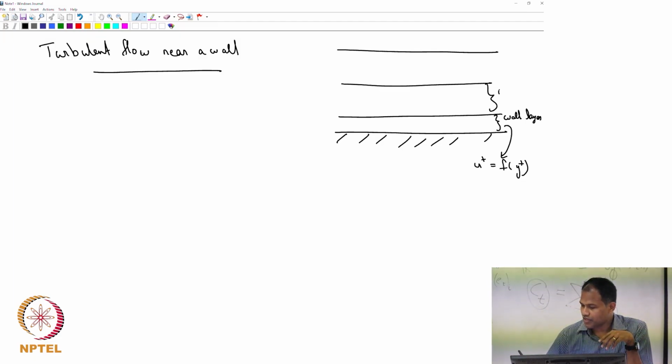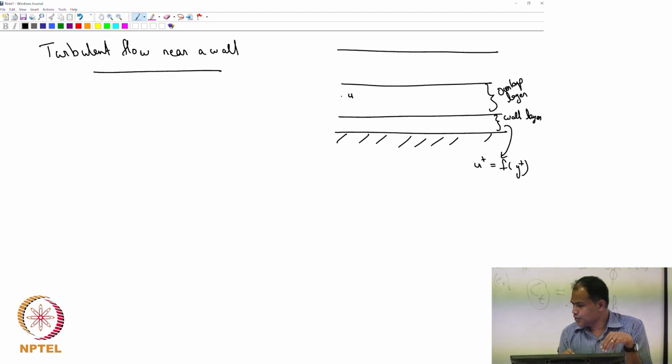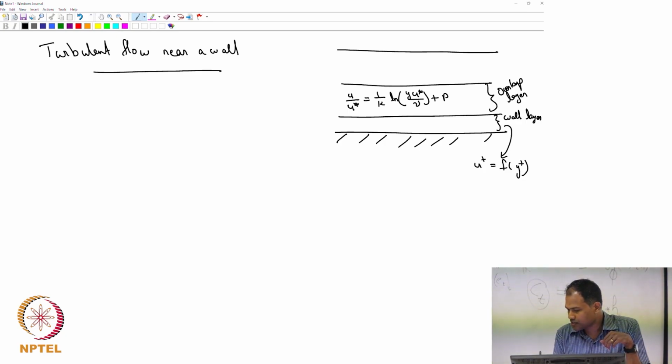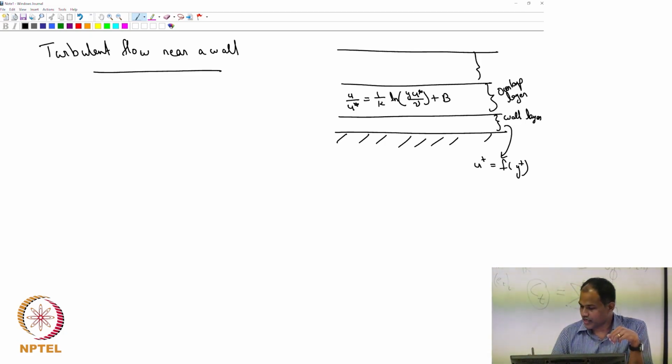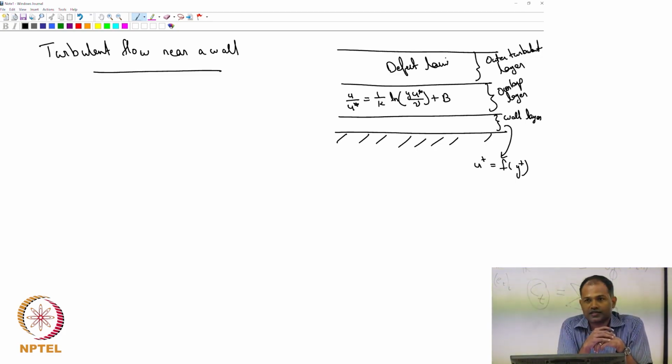Then we had the overlap layer, where we wrote down a logarithmic law, u by u star is equal to 1 over k ln of y u star by nu plus b. And then we had an outer turbulent layer, where we wrote down a defect law. So that's essentially what we did in the last class.